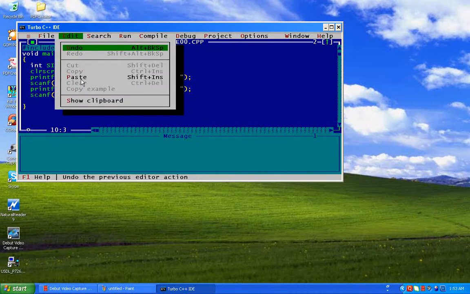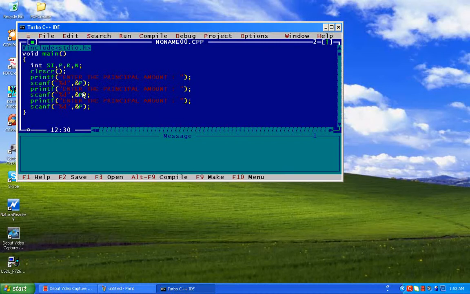This is the equation. The equation we are writing is on the right and the variable which will save that value is on the left.